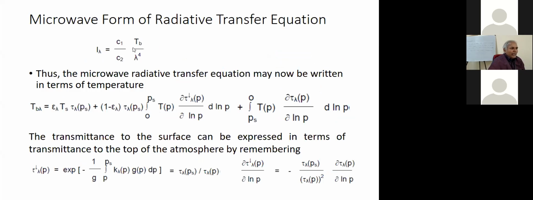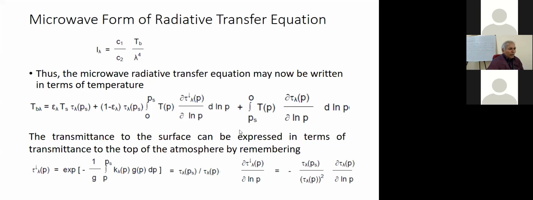So because the radiance is proportional to the blackbody temperature, whatever this I lambda is, I can now replace by the blackbody temperature. So wherever radiance was there, I can replace it by brightness temperature. For a fixed lambda, this lambda power 4 will get cancelled. All the C1 by C2, these are all constants, they will all cancel.